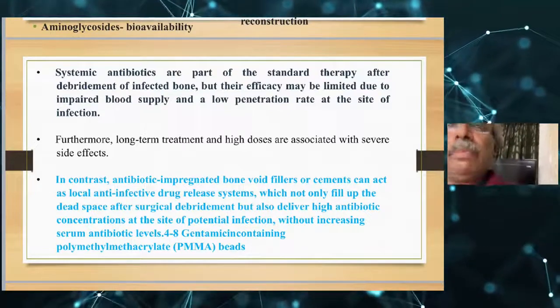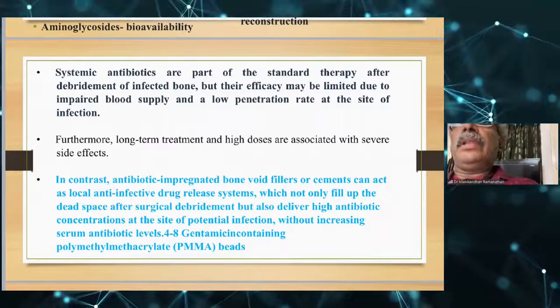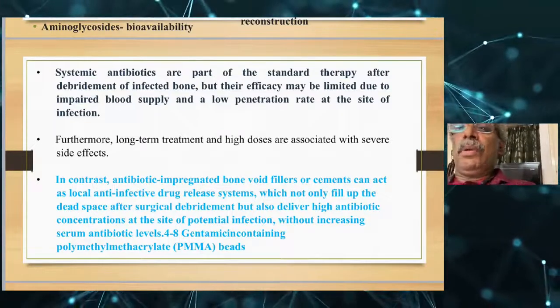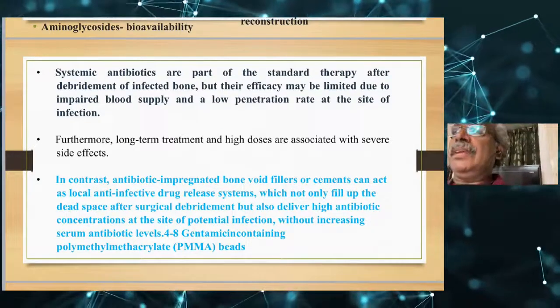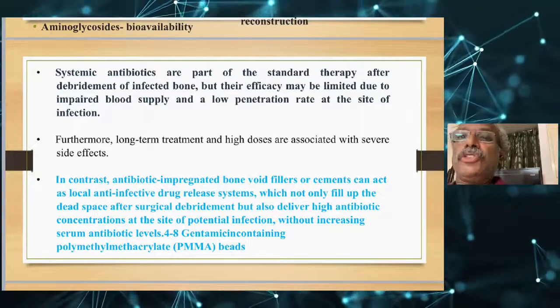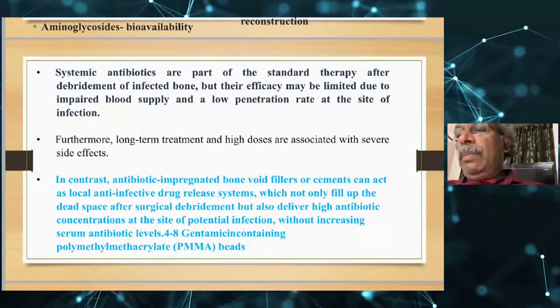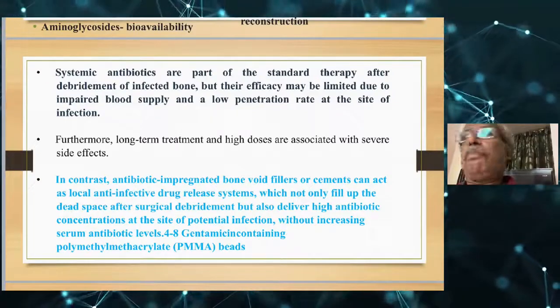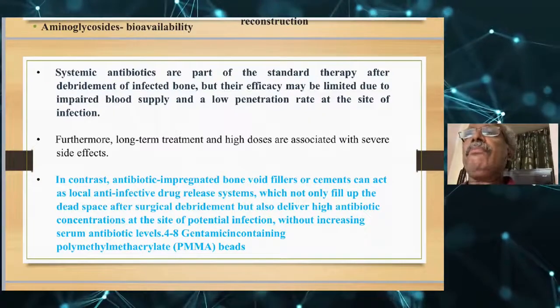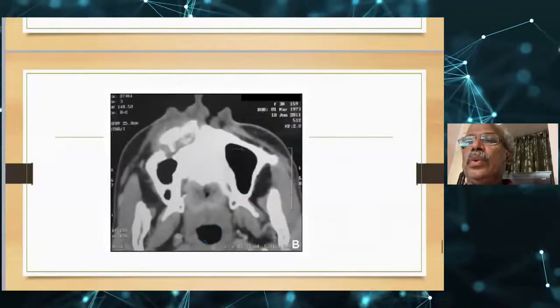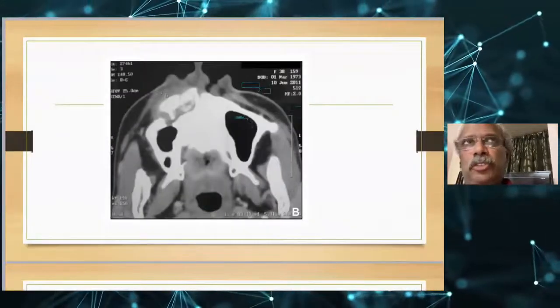Because in osteomyelitis, there is poor penetration of the antibiotic into the bone because of the impaired blood supply, and also the problem of not having enough blood supply into that area. So what is important at the end of the day is to get rid of the infection as much as possible.